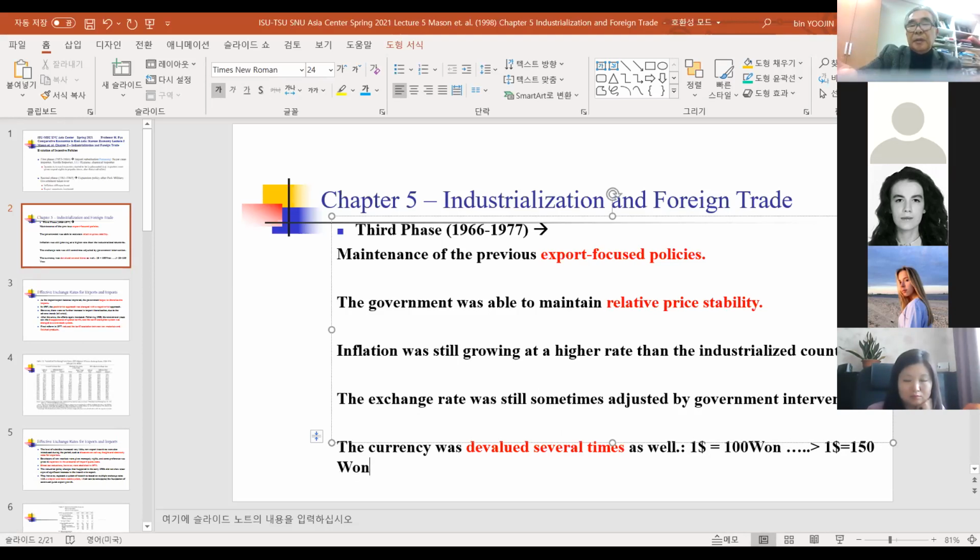We call this one devalued by 50%. In other words, the won's price got depreciated, right, by 50%. Then who gains?